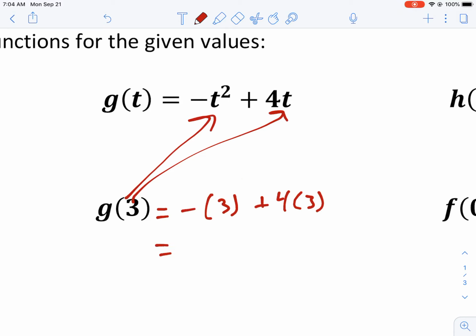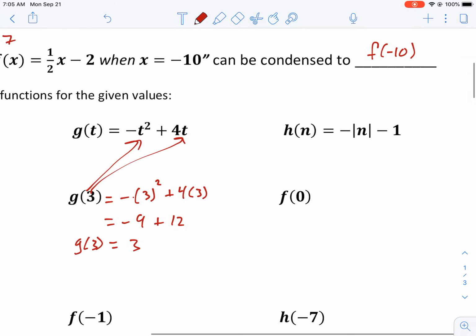It's important to know that exponents come before multiplication. So we're going to square this first and then do this negative sign out in front after. So that becomes -9. 4 times 3 is 12. -9 plus 12 is 3. So g of 3 is also 3.